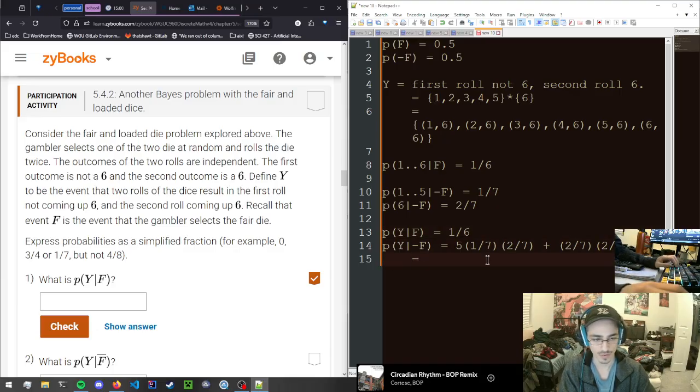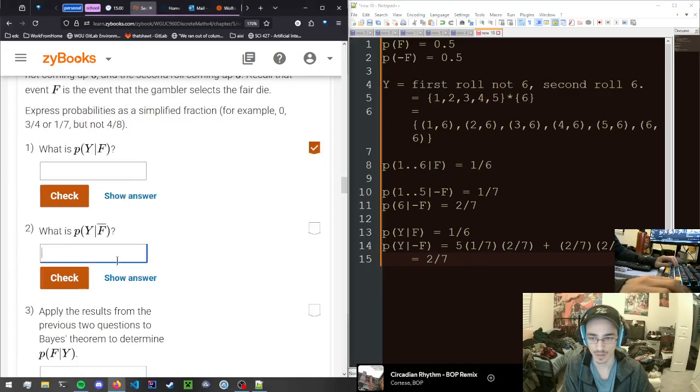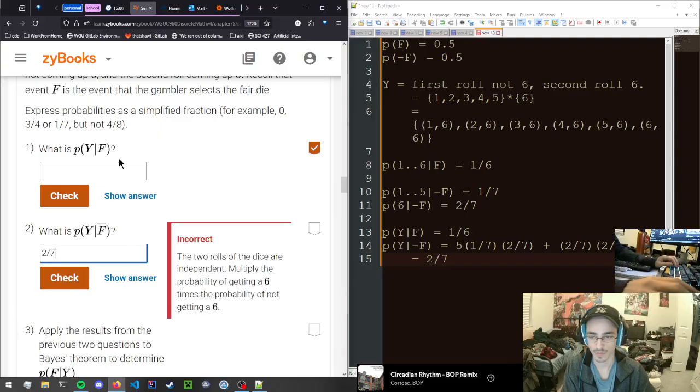So I'm just gonna type that in the calculator. So 5 times 1/7 times 2/7 plus 2/7 times 2/7. This is 2/7. Great. 2/7 is incorrect.